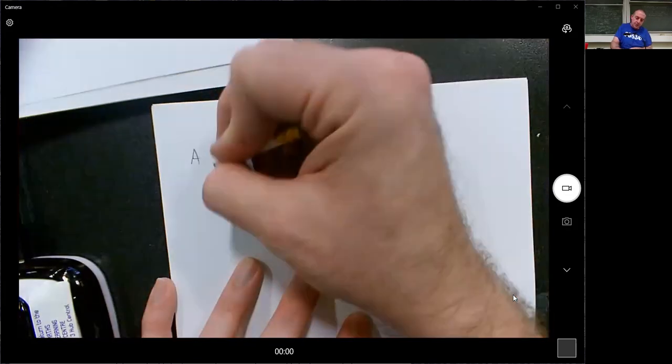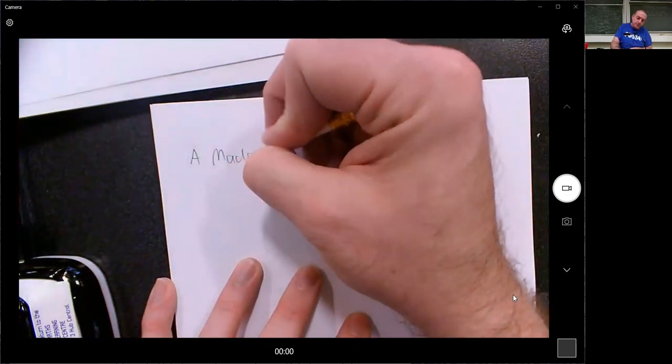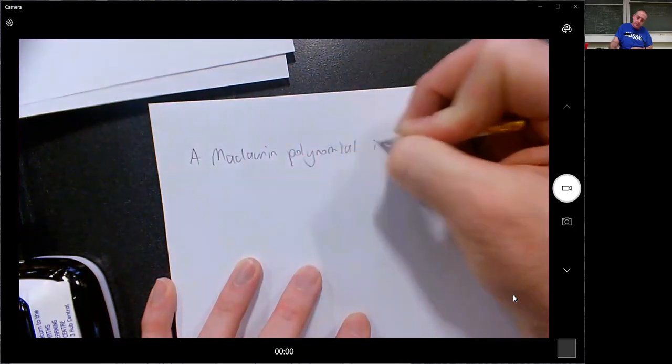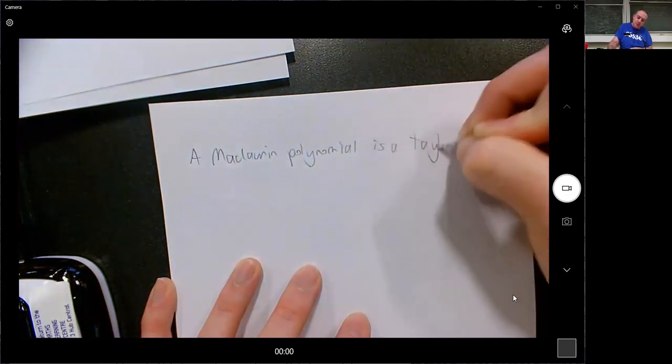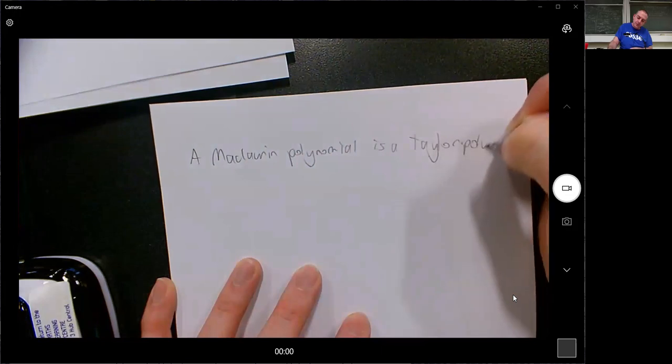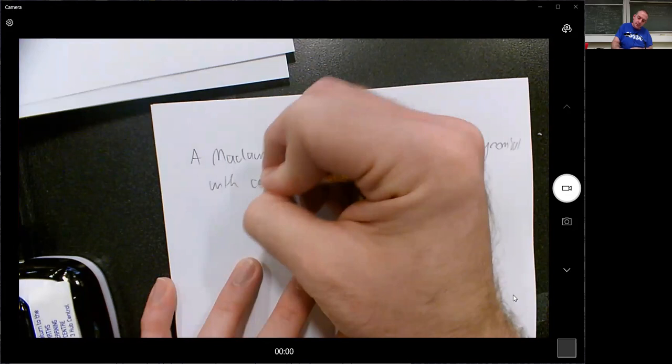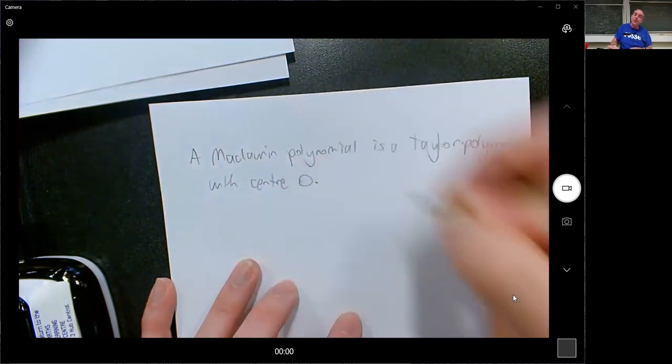So a Maclaurin polynomial is a Taylor polynomial centre 0, basically.